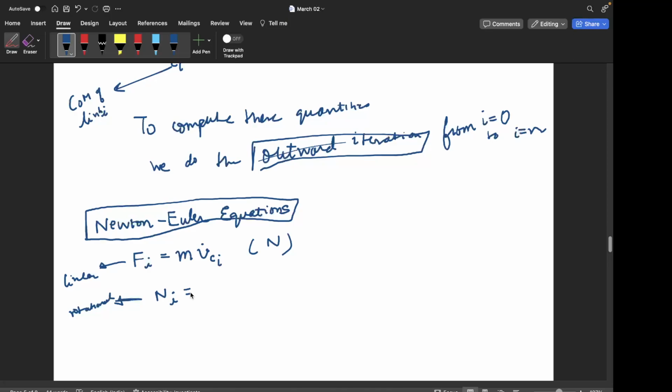Euler extended those results for rigid bodies of finite size, and finite size bodies have rotations. Point masses don't have rotations. So therein comes the inertia of the body, the inertia matrix or inertia tensor. So I alpha plus omega cross I omega.